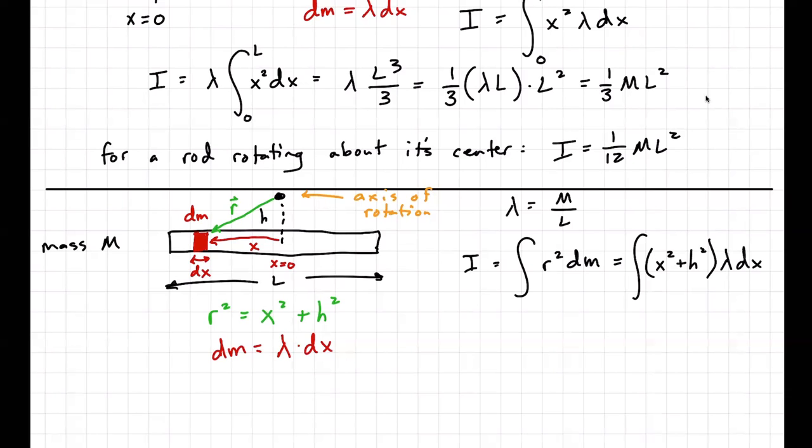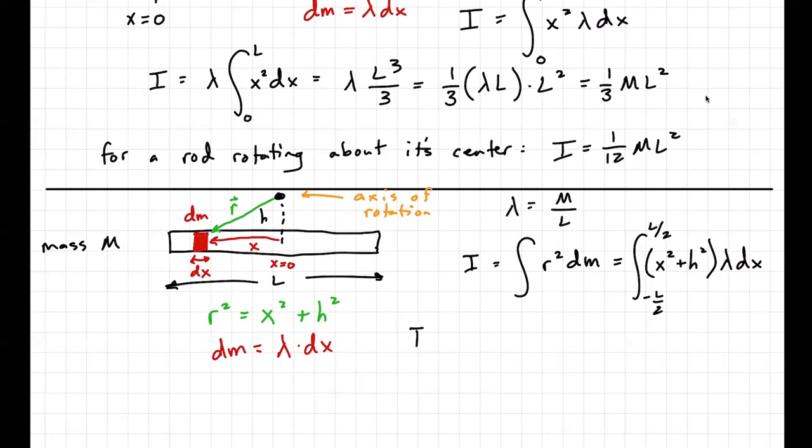And now what are my bounds? Well, I guess I have to pick what's positive and what's negative. So if positive x goes to the right, then I'm integrating from negative L over 2 over here to positive L over 2 on this side. So I'm integrating from negative L over 2 to positive L over 2.